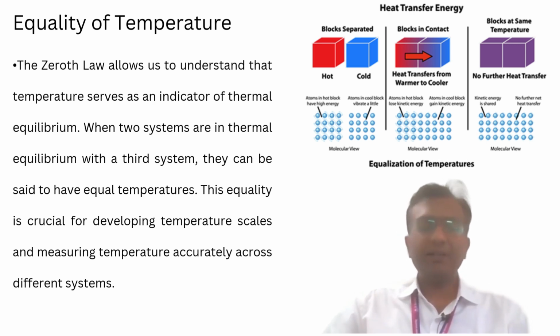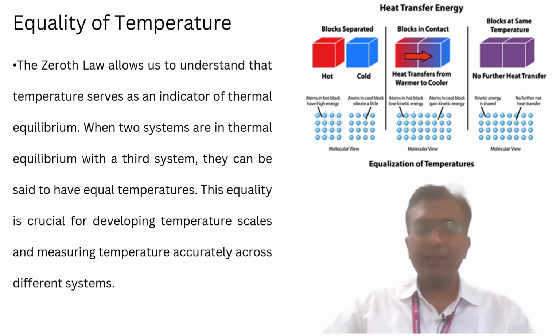This principle, seemingly simple, is the cornerstone that allows us to develop standardized temperature scales and compare temperatures accurately across diverse systems and environments. It gives us a reliable way to say this is hotter or this is colder, regardless of the specific circumstances. Let's consider some practical examples.